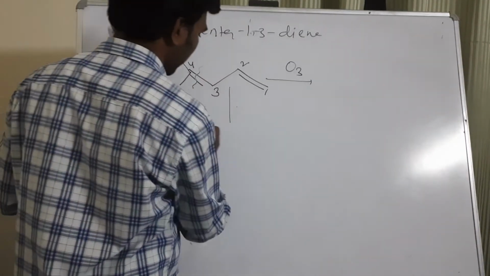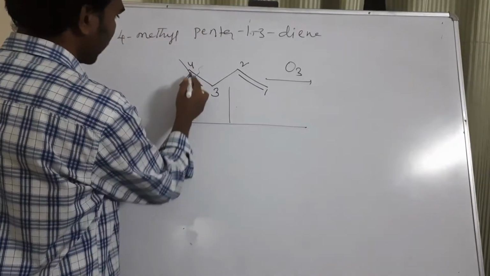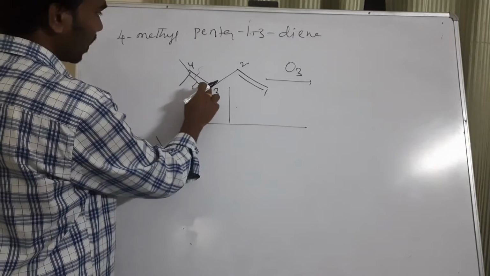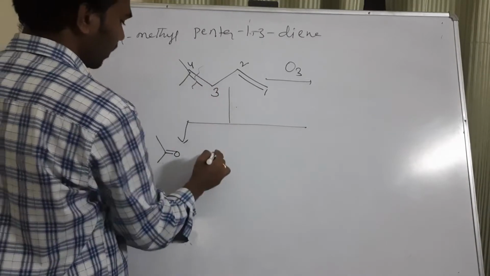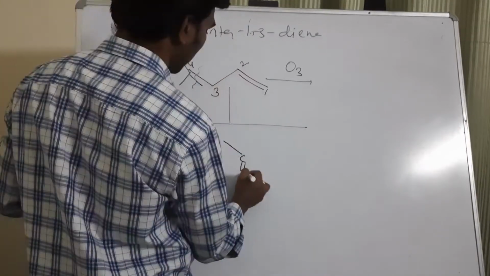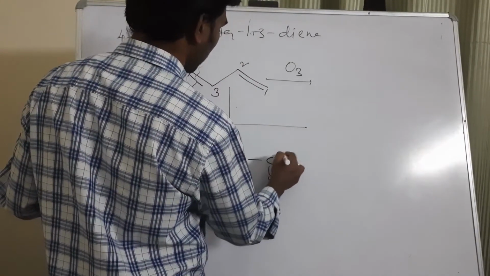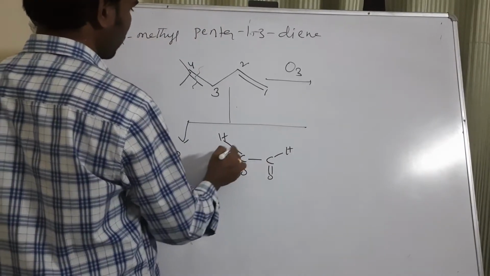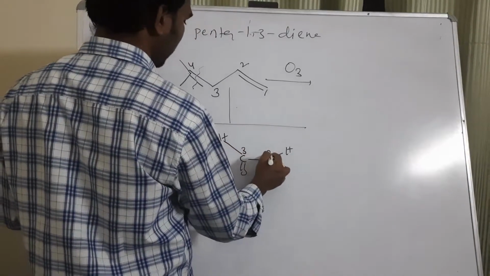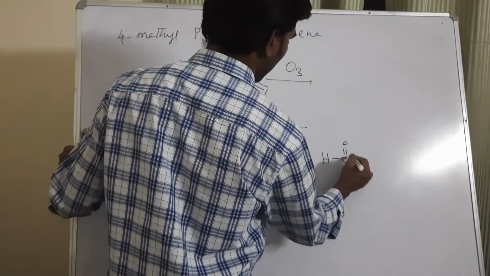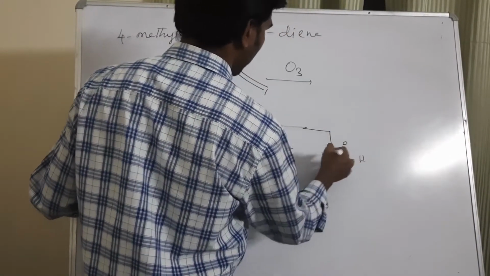When you break here, acetone will come, so that is double bond O. Here double bond O will come. Again, it will form because of the third and second carbons, C double bond O with H. Next, here the 4th carbon, and here the 3rd carbon and 2nd carbon. For the first carbon it will form H C double bond OH. So there are 3 products that will come.